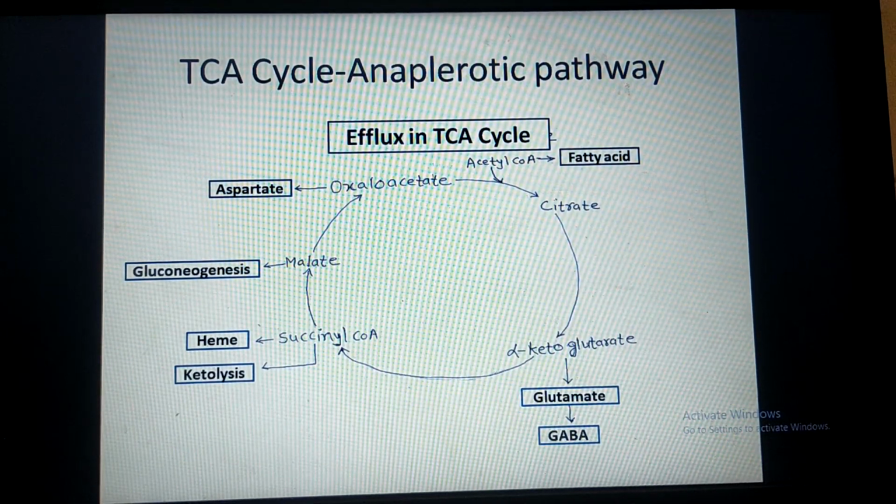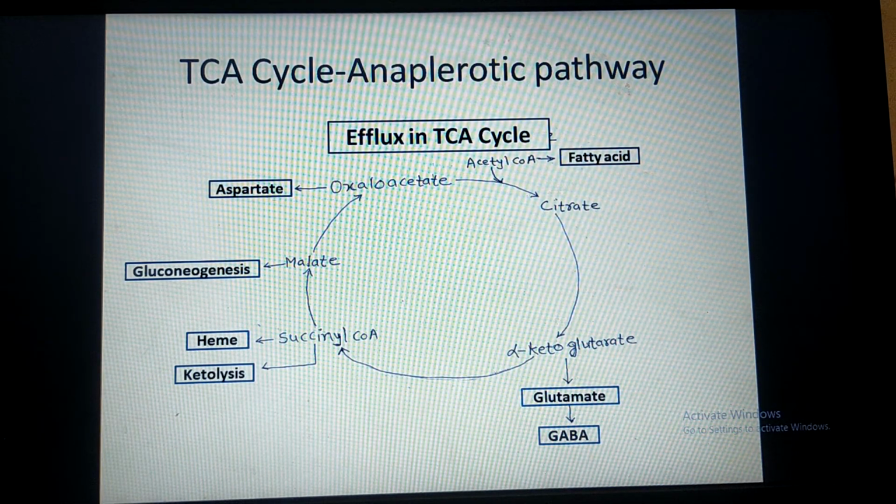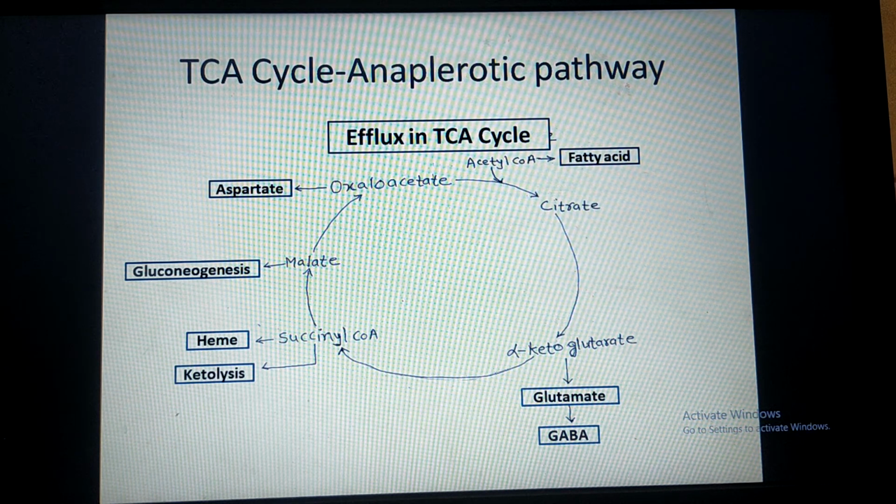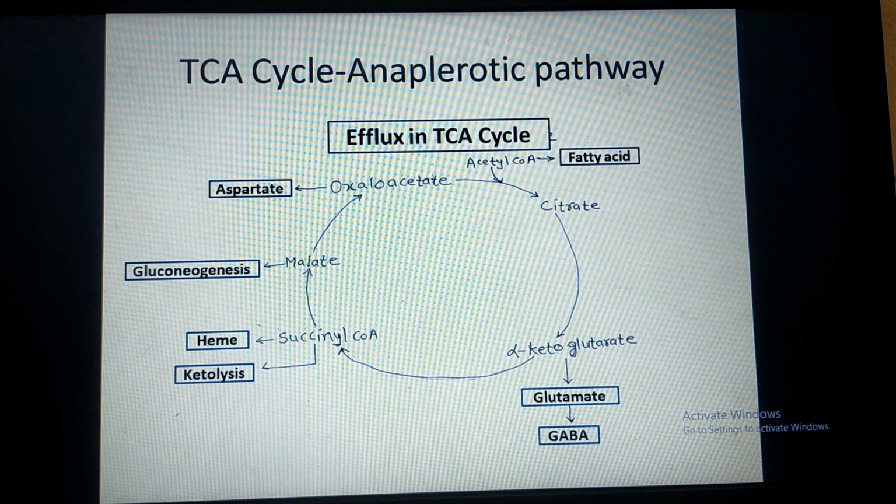Efflux or removal from TCA cycle, the examples are here. The acetyl CoA is used for fatty acid synthesis. Alpha ketoglutarate is converted into glutamic acid by transamination, which on decarboxylation gets converted into gamma aminobutyric acid, which is a neurotransmitter. Similarly, succinyl CoA is removed from TCA cycle and used for heme synthesis, as well as for synthesis of ketone bodies. Malate is used for synthesis of glucose by the gluconeogenesis pathway.